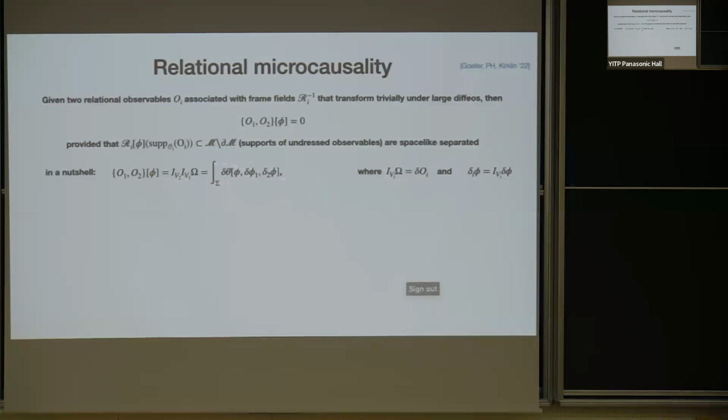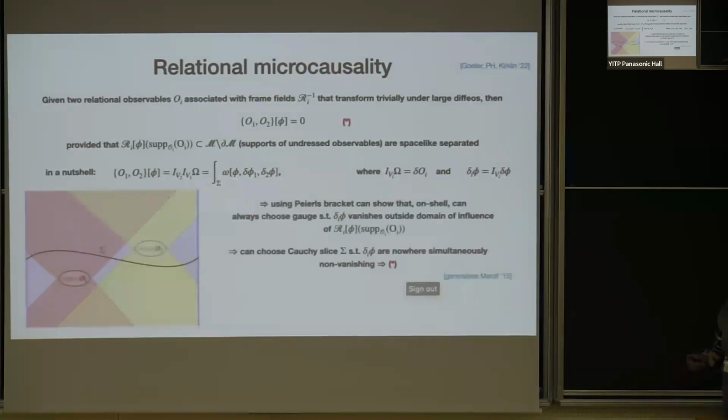Basically, you can write it out in components by variations of the presymplectic potential. And what we have inside here are just, in components, the field variations under these different vector fields. And what you can then do is to use the so-called Peierls bracket.